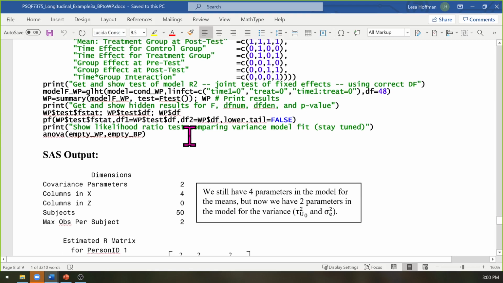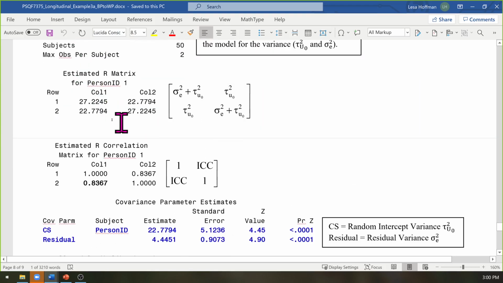So here's what we get. Our R matrix now has been fixed. The total amount of leftover variance is about the same. It's 27 according to this model, but there's a big leftover covariance. And if I translate that leftover covariance into a correlation, it's big.